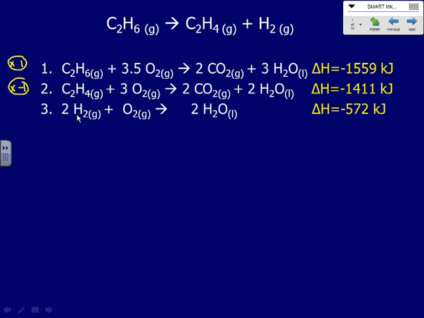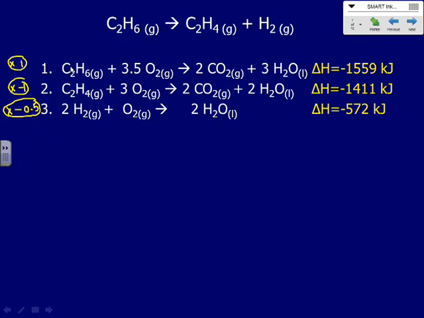So I need to flip and divide by 2, or flip, which is negative, and multiply by 0.5. And so there's my multiplier for the third reaction. Okay, now let's do that particular situation.